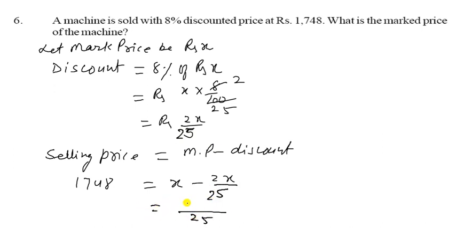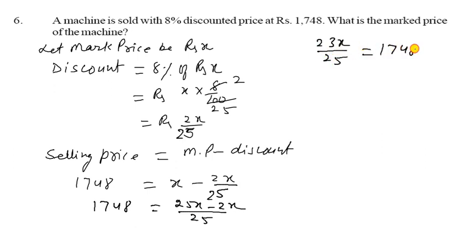So take the LCM, that is 25. So it is 25x minus 2x and 1748. So we get here 25 minus 2, that is 23 of x upon 25 will be equal to 1748. So x will be equal to 1748 into 25 upon 23.